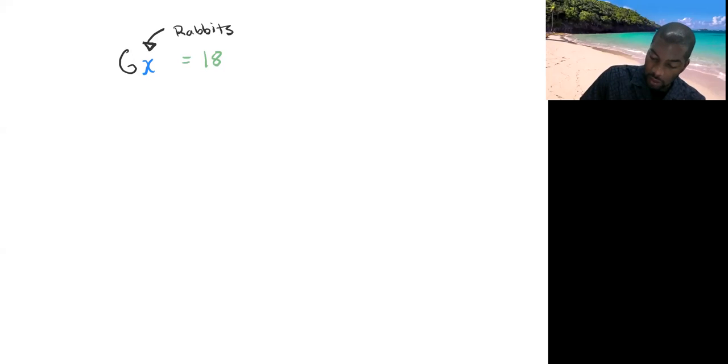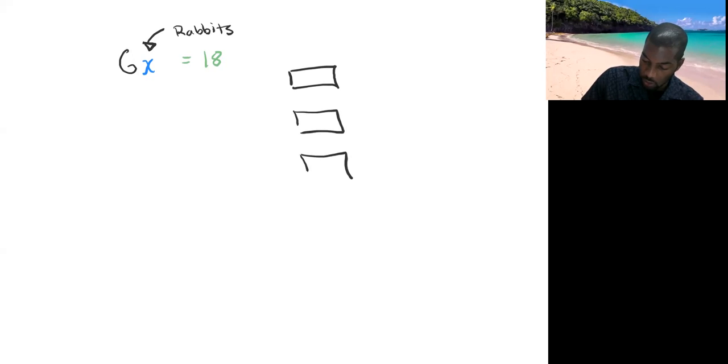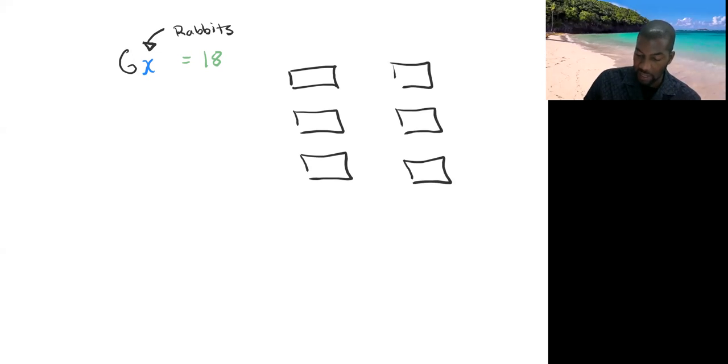You could say, look, here are the 6 black boxes. 1, 2, 3, 4, 5, 6. The question is asking, how many things need to be in each box to reach 18, right?